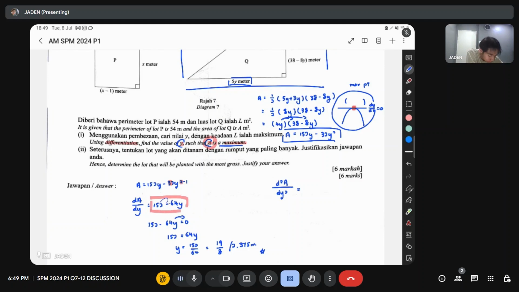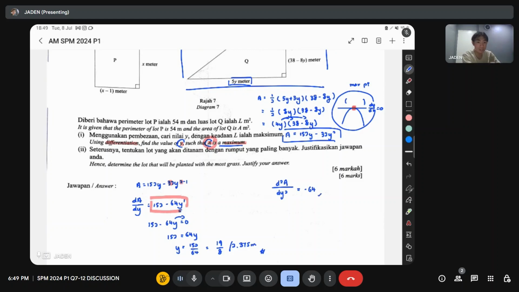Okay, one more time, differentiate this equation. We only focus on those with y. So this is y originally power 1. Multiply the front, you get how much? Negative 64, right? And then y power 1 minus 1 again, you get y power 0, so no more y already. So d squared A over dy squared will give you negative 64 as a result.